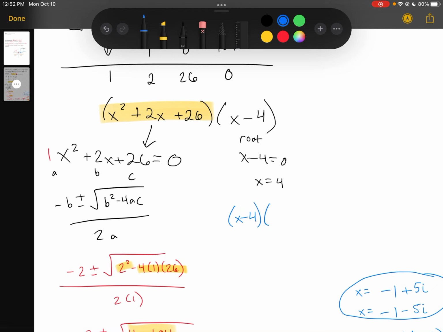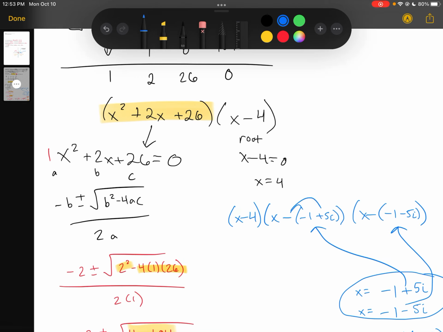So x minus 4 is our first one, and then x minus our first term, which is -1 plus 5i, and then x minus our second term, which is -1 minus 5i. So that would be the factored form of each of these.